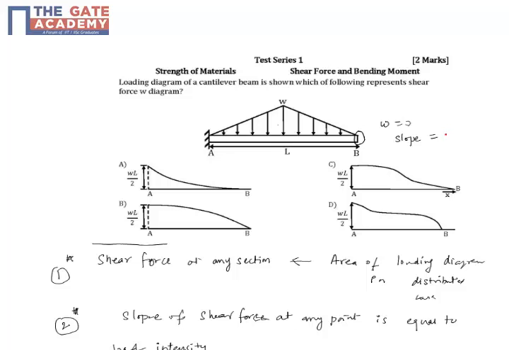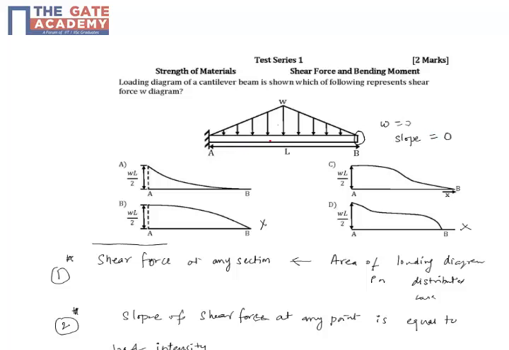So the slope has to be 0 at the start. So going by that, B is wrong and D is also wrong because you have a finite slope here. So point number 1 is that W is 0 and the slope is 0.